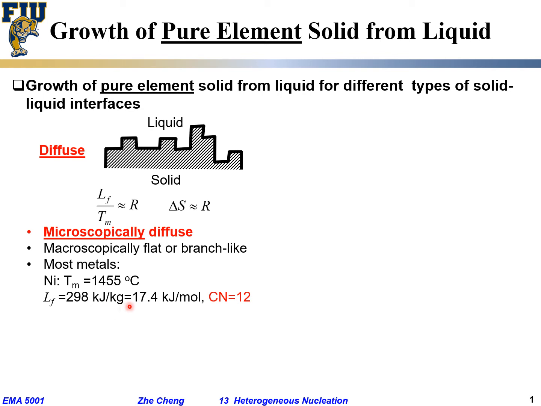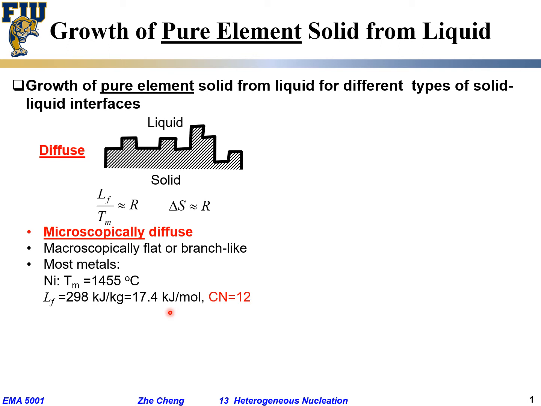And of course, if you know the atomic mass for this material, you can change from kilojoule per kg into kilojoule per mole. Make sense? You know the atomic mass.